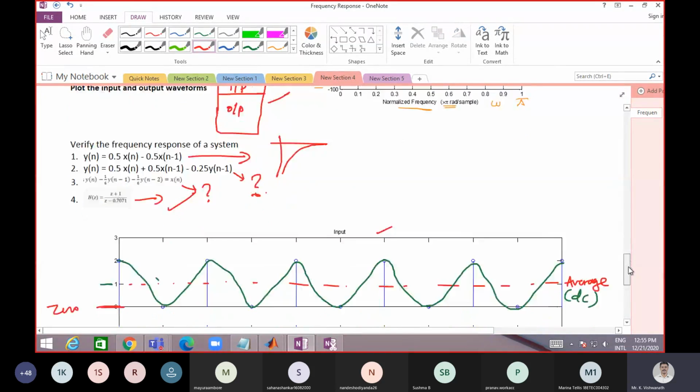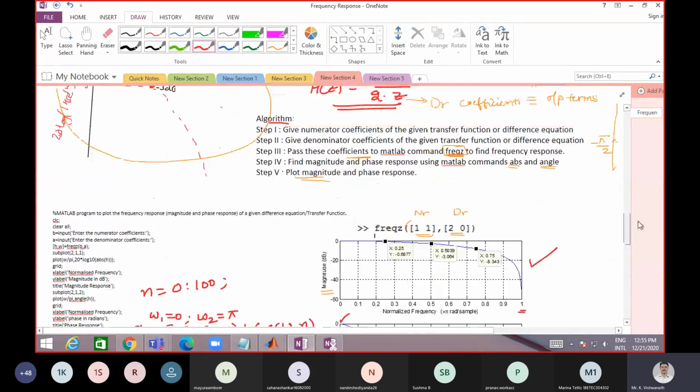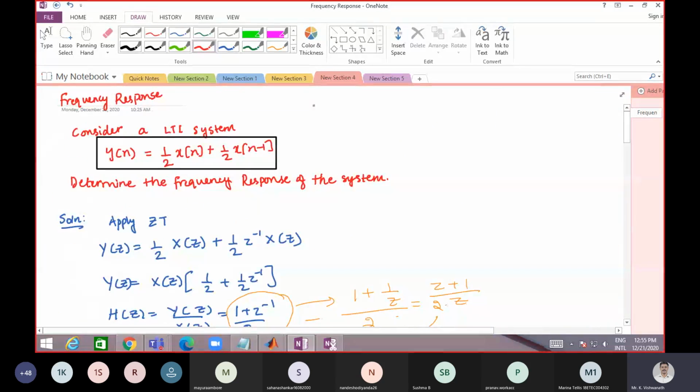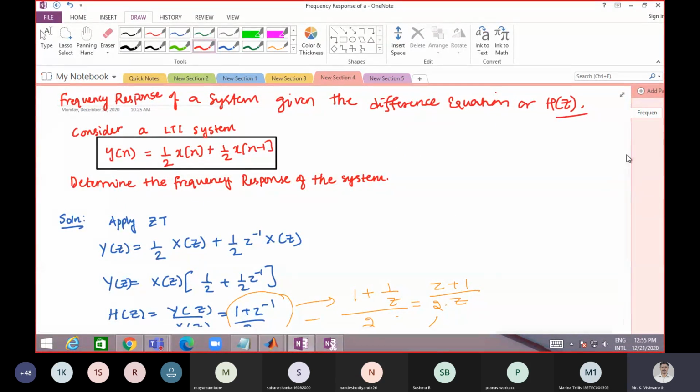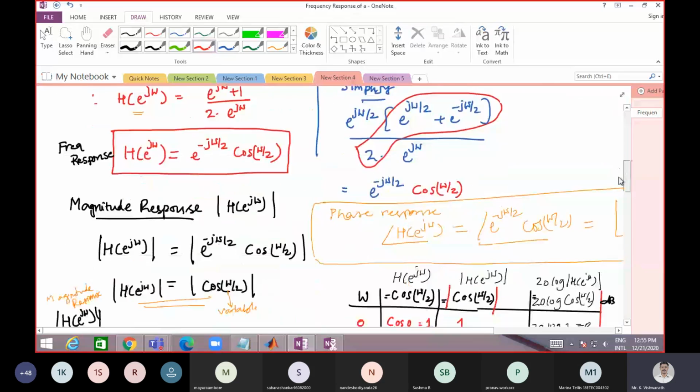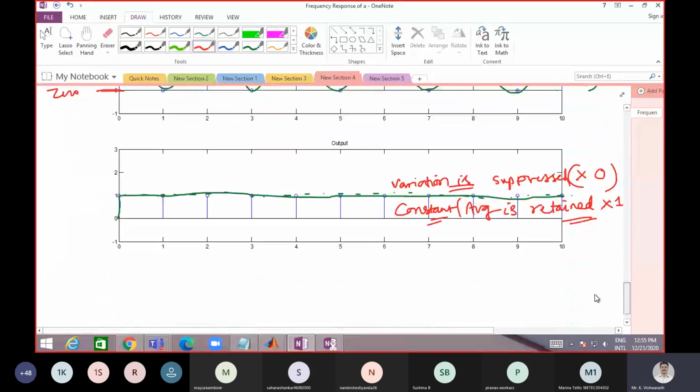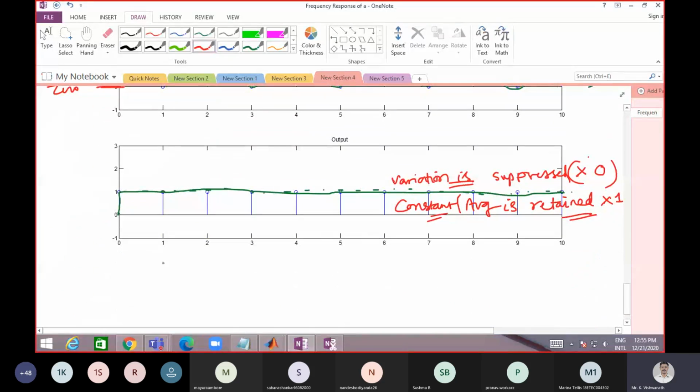So this is about the frequency response of a system given the difference equation, or a system response. Okay, so this is about the lab. If you have any questions, you can ask me.